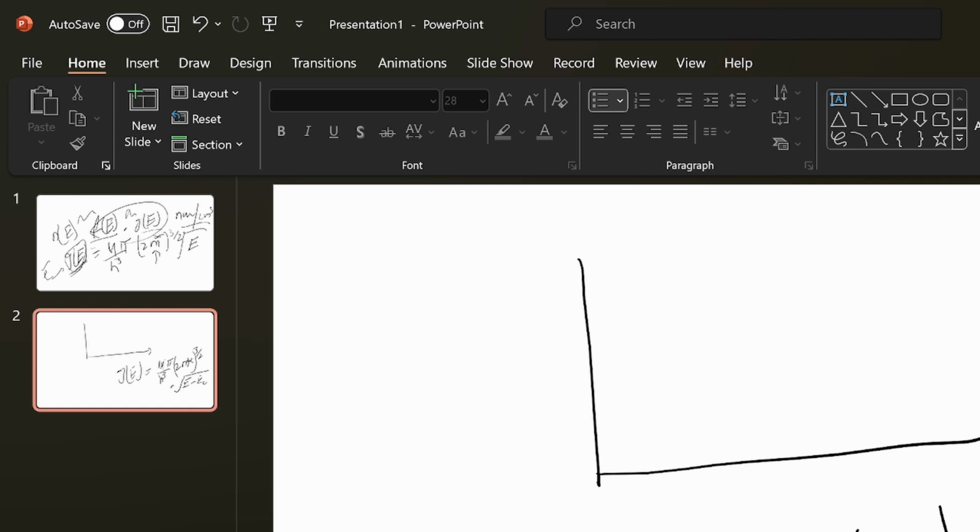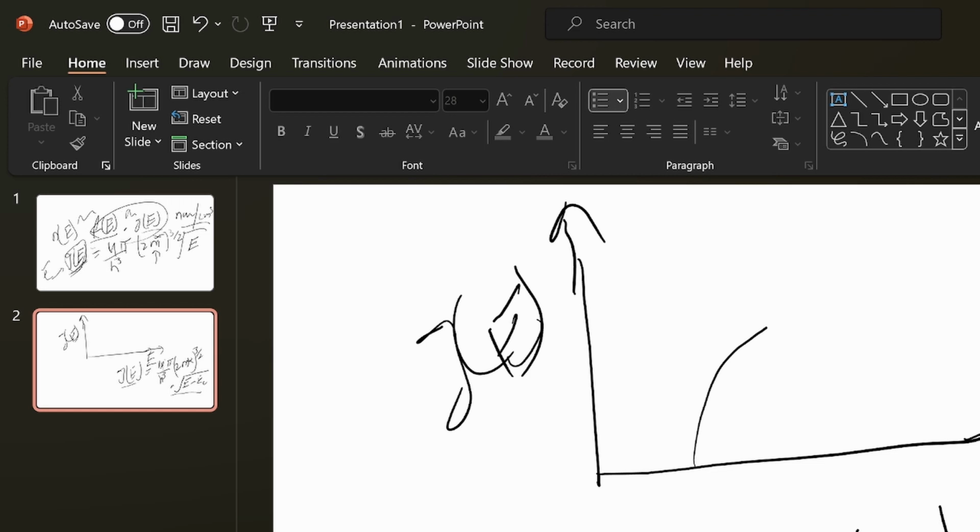This was not covered in the last class actually. So the density of states varies with the square root of E minus EC. This is G of E, this is E, the x-axis is the energy E, and on the y-axis we are taking the density of states. Okay, so the graph will look like this.